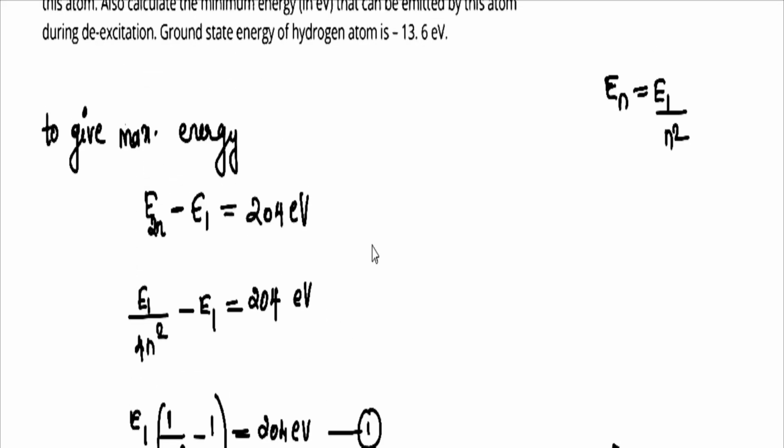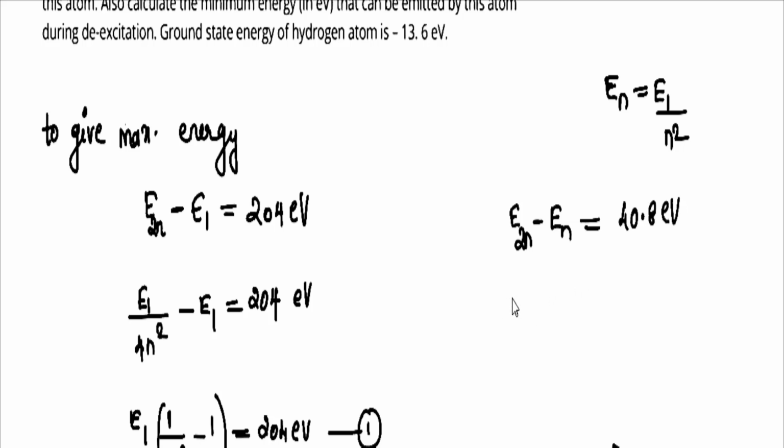Okay, then what is the second case given? If it makes a transition to the quantum state n, the energy is 40.8 electron volt. So here the next transition is from E2n to the state En, that is E2n minus En, and that energy is given as 40.8 electron volt.